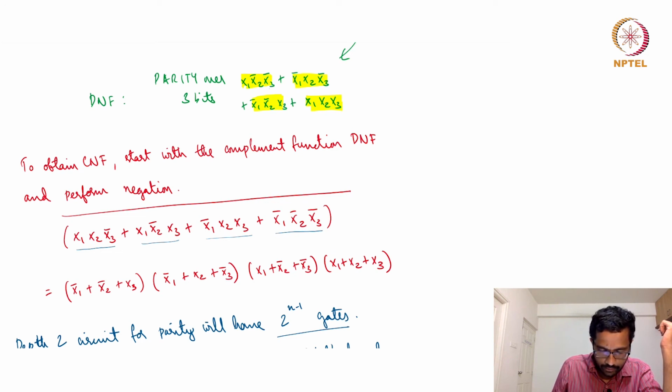we have the AND of each of the negations of these things. So we have the negation of x1, x2, x3 complement, which further breaks down into x1 complement or x2 complement or x3, and then you have an AND where you have x1 complement or x2 or x3 complement, and so on. You get this. So this is the CNF form for parity, and you can verify that this is indeed the case, right?